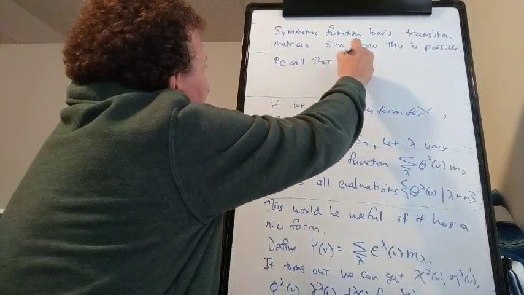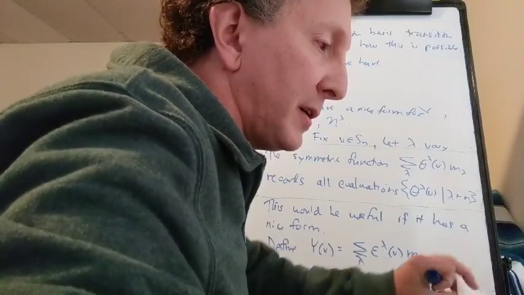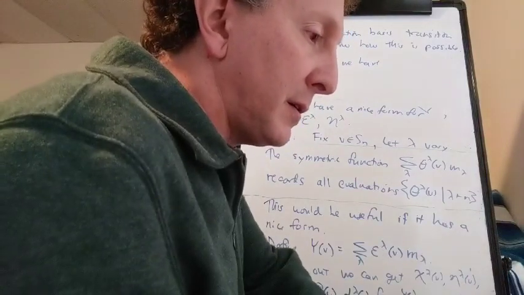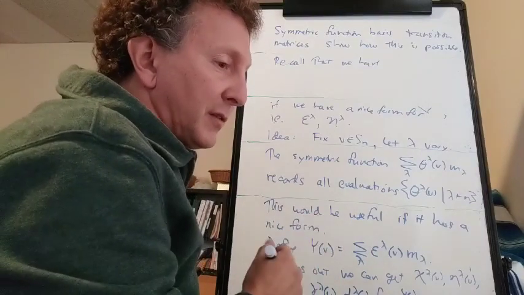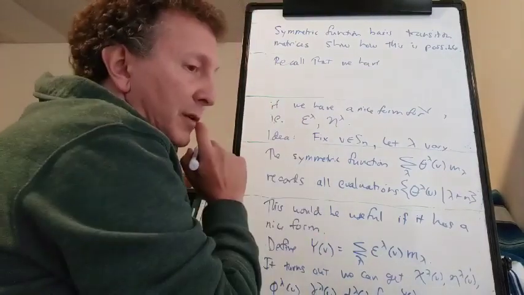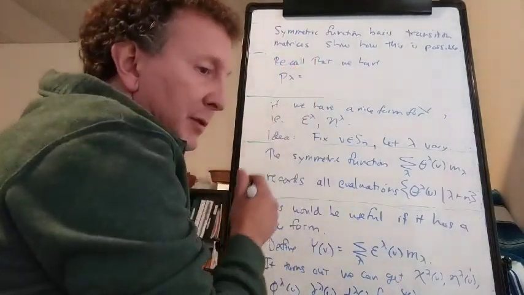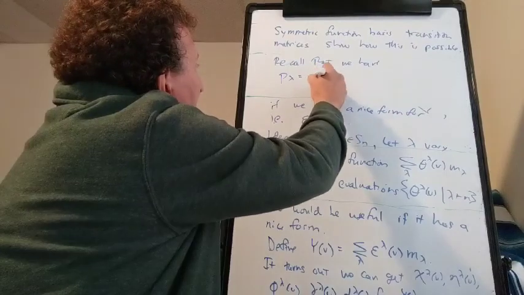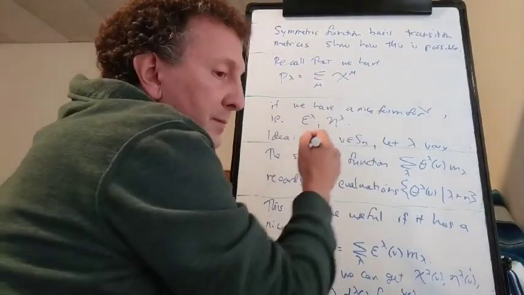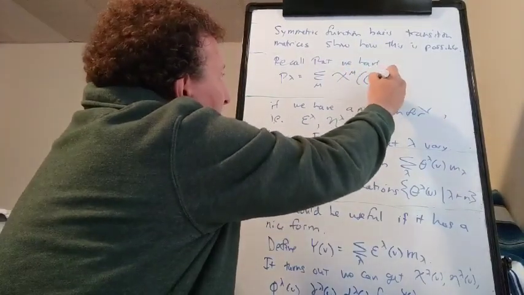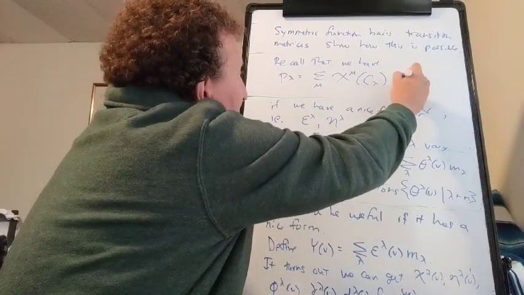Now recall that if we want to express power sum symmetric functions in terms of Schur functions, we have p lambda equals a sum over mu of chi mu evaluated at any permutation of cycle type lambda, times s mu.